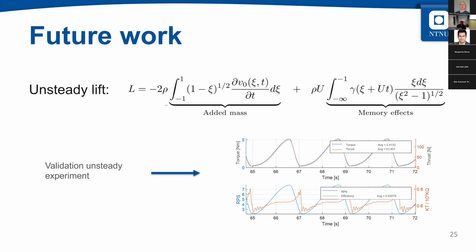So incorporating this unsteady lift is a very important next step in this project, and it's not totally clear how we should go about this, especially regarding these memory effects. But that is the way forward, and then we also have unsteady experiments which we can use to validate the model.